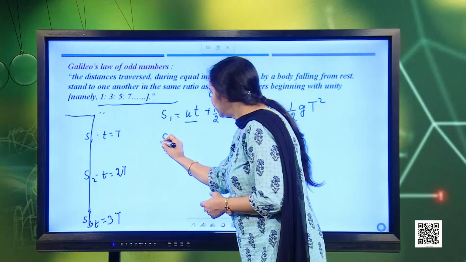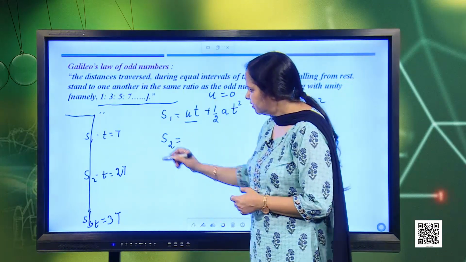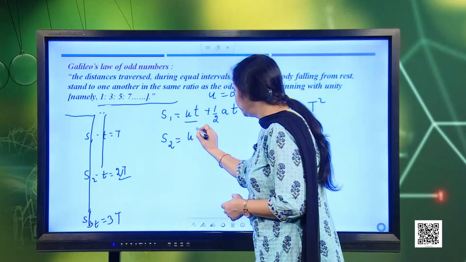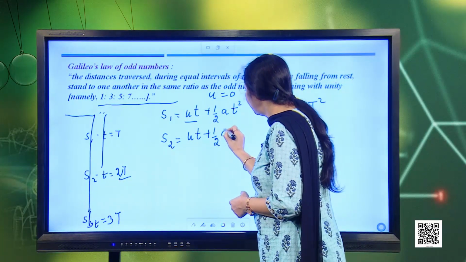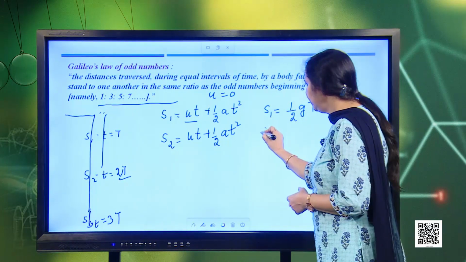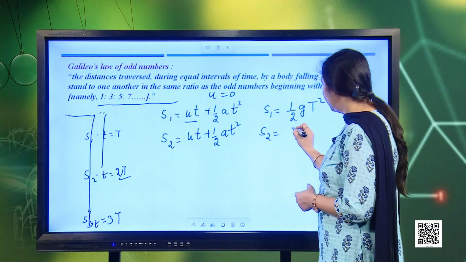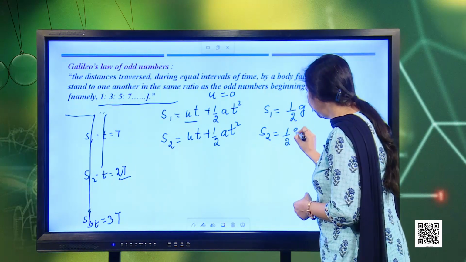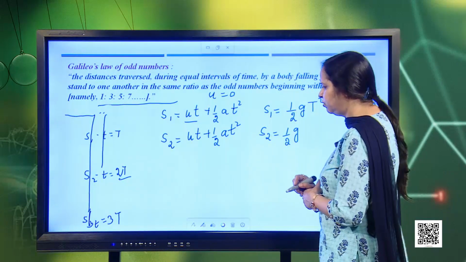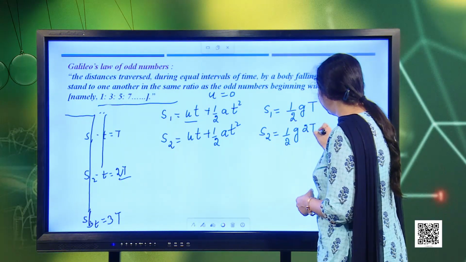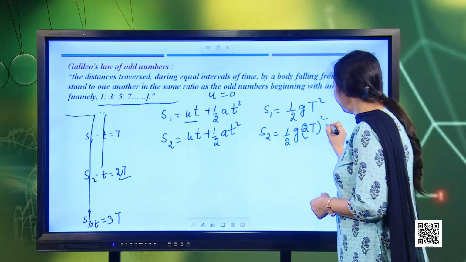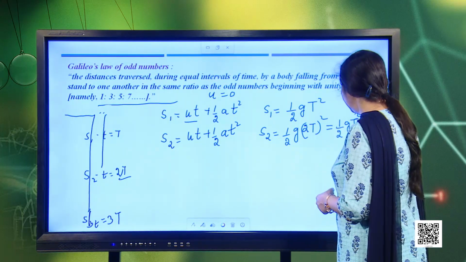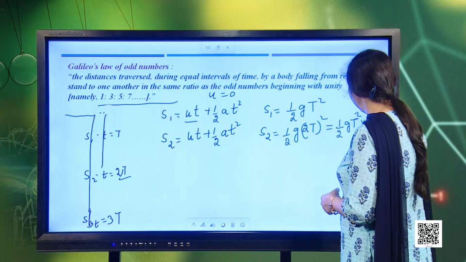Now, what is the distance traveled S2? S2 means the total distance traveled in the total time 2t. So it will be again ut plus half at square, the same formula, and we get S2 equal to half g, and in place of small t we substitute 2t, so it will be 2t square, which can be written as half g t square multiplied by 4.